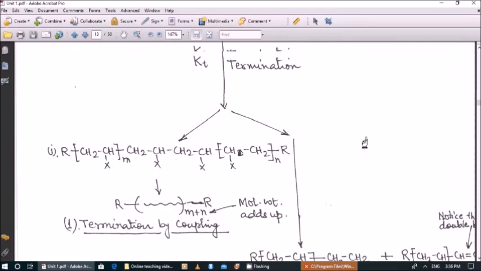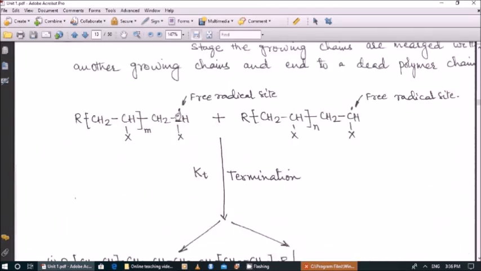See here, if you give one hydrogen atom to my first growing chain, it becomes CH2X. That means the 4 valency of the carbon atom is being used: 2 with the hydrogen, 1 with the X component and 1 with the covalent bond between the carbon atoms.